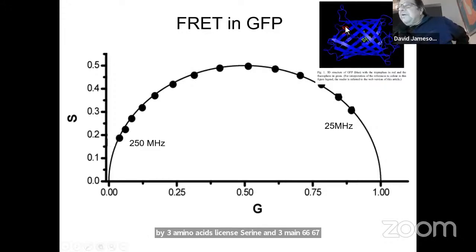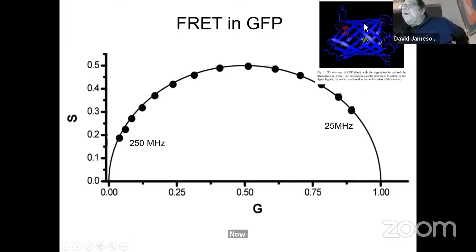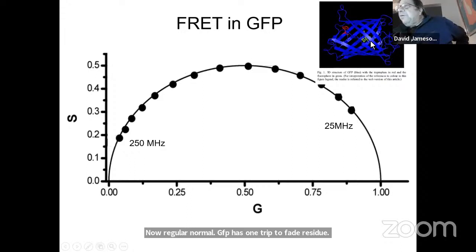Now, regular normal GFP has 1 tryptophan residue. So if I were to ask you, is there energy transfer from this tryptophan to that chromophore, how would you answer that question? In many cases, you would look at the donor in the absence of the acceptor. Well, you can't do that here.